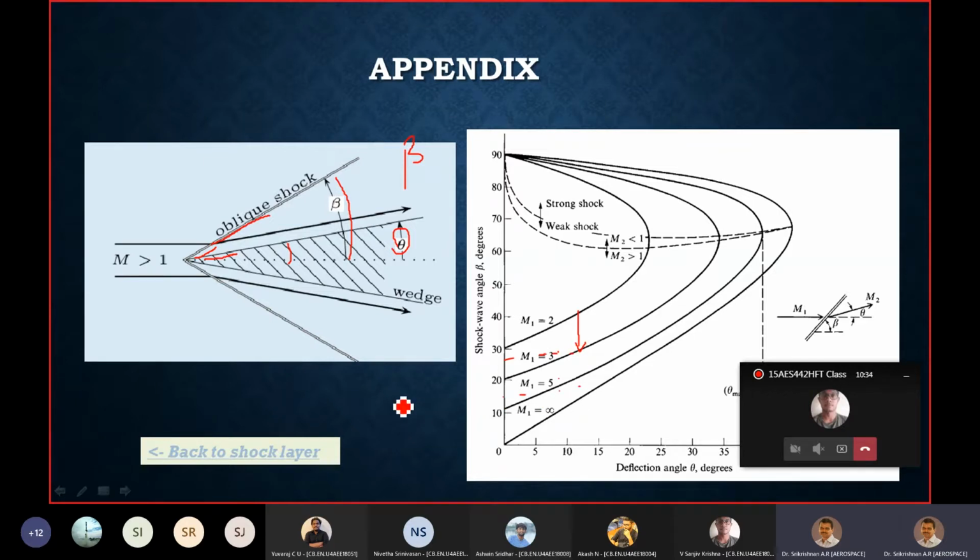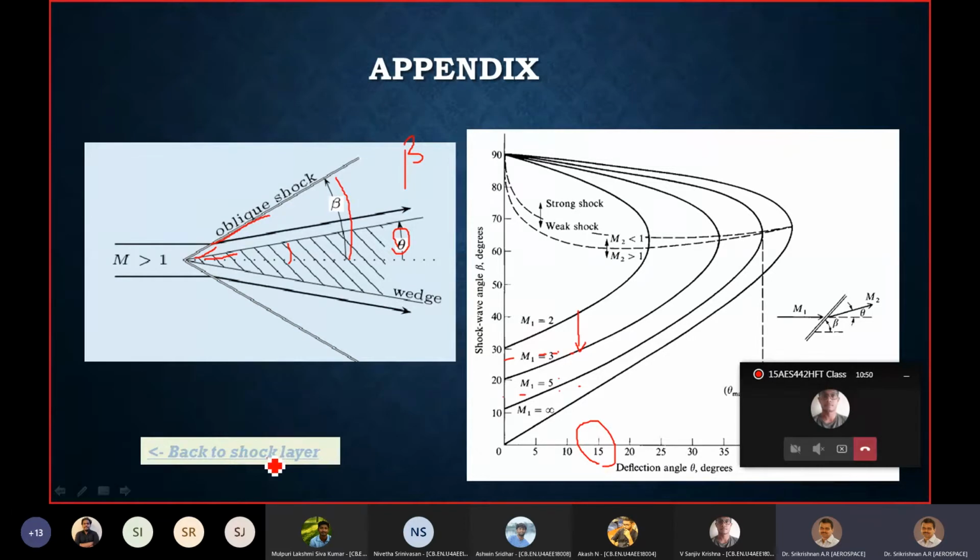We'll review this later with the equations for shock wave relations, but for now, just remember that an increase in Mach number gives a decrease in the shock wave angle for a given value of theta.